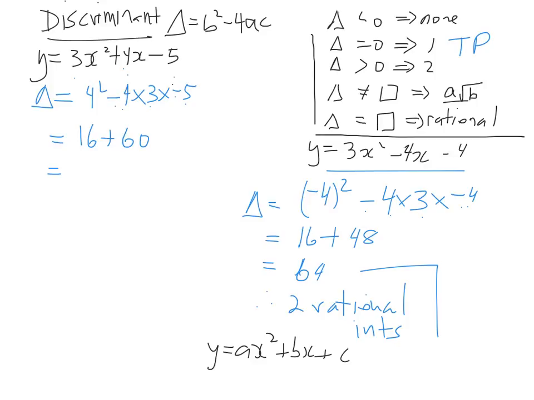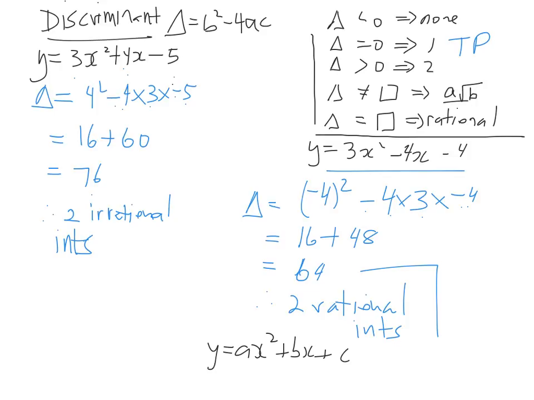So we've got 16 plus 60 is 76. 76 is not a square number, but it is positive. So therefore, we have two irrational intercepts.